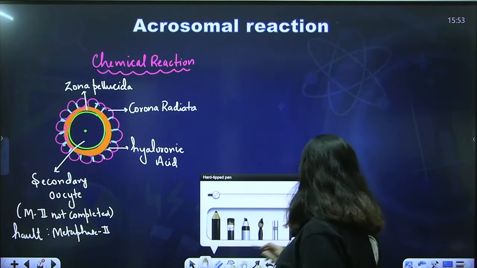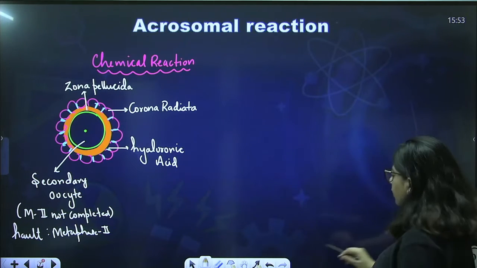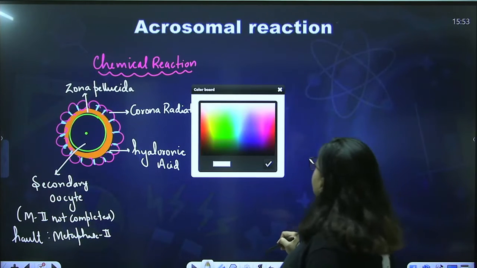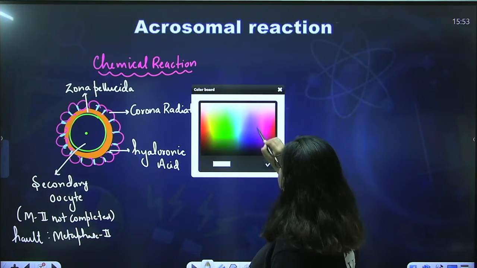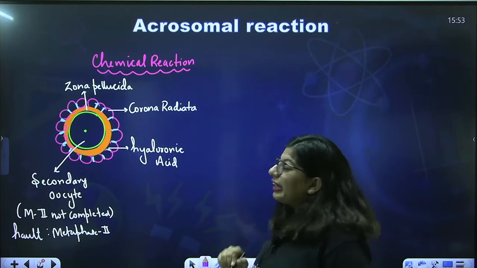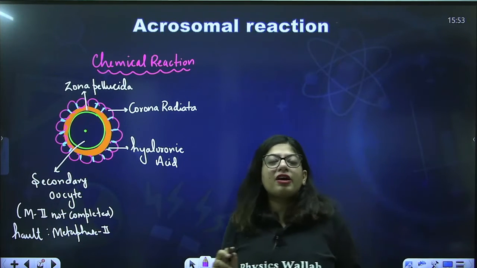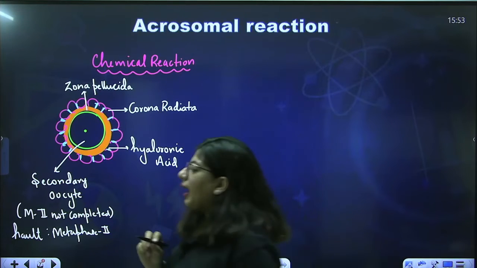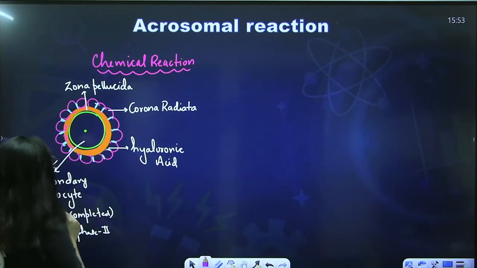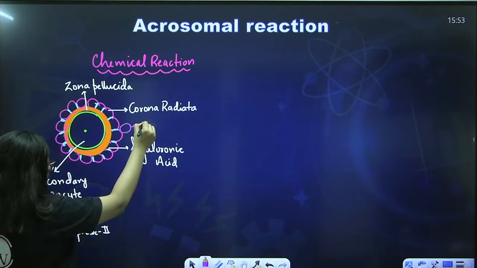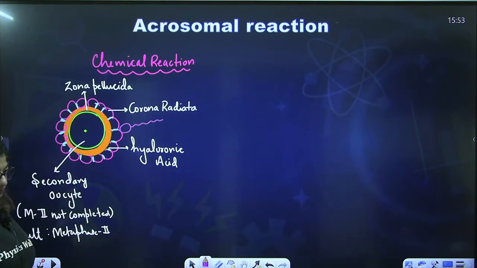Now imagine in that race of sperms, any one sperm is the one which has won the race, and it is the one that has reached the ovum first. Imagine this is the sperm that reached the oocyte first.